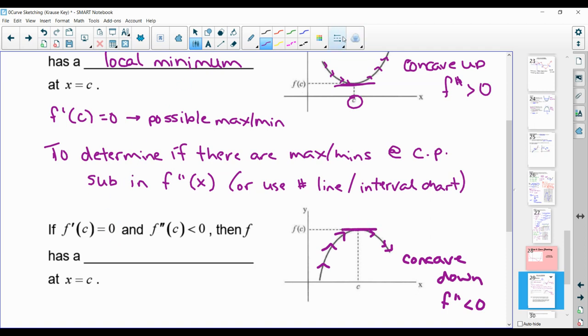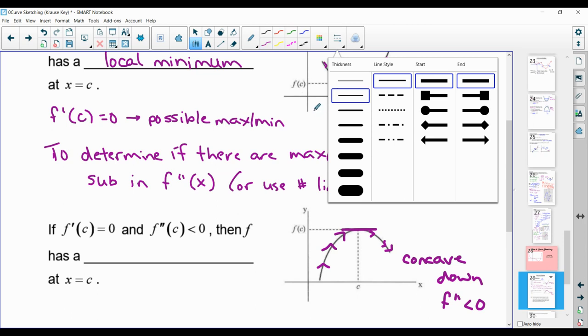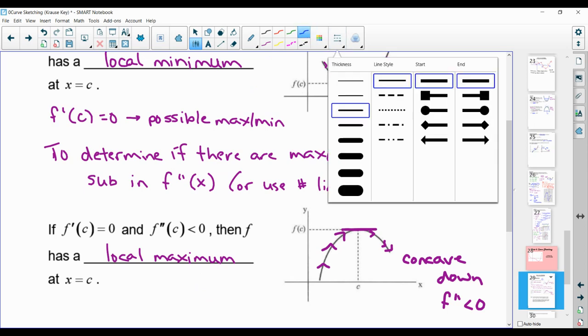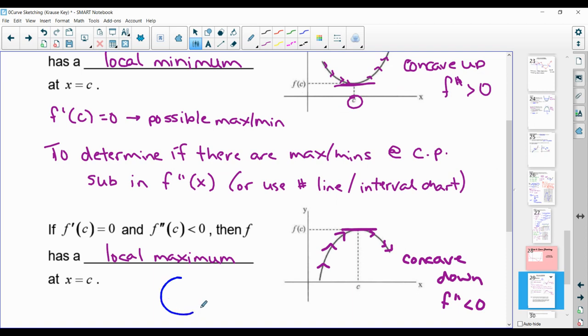So if the first derivative is 0 and the second derivative is negative, then we have a local maximum at that point. Again, we can sub in or we can use a number line or an interval chart. If you wanted a little diagram to help remember that: if the first derivative is 0 and the second derivative is negative, then we have a local maximum.